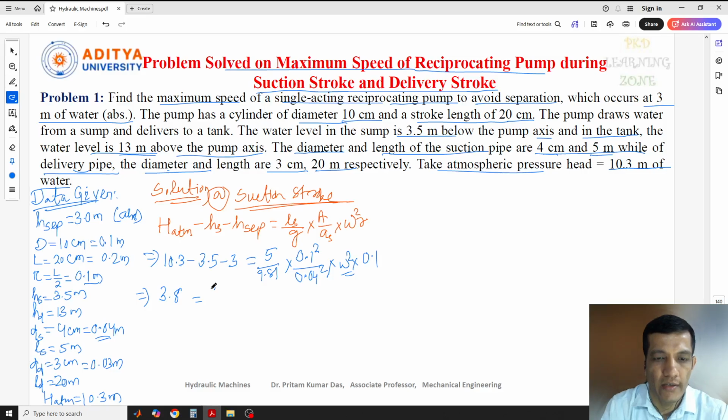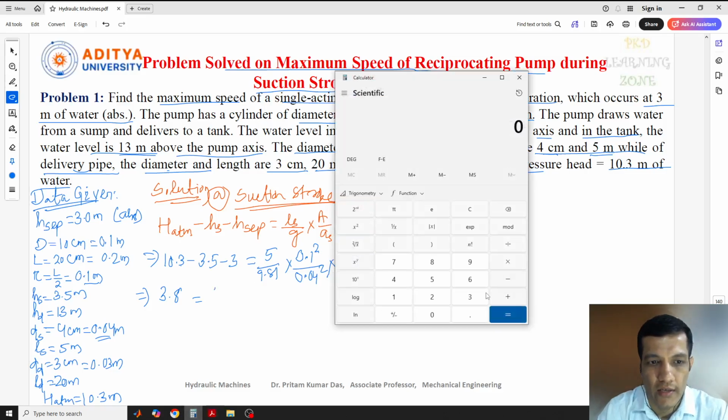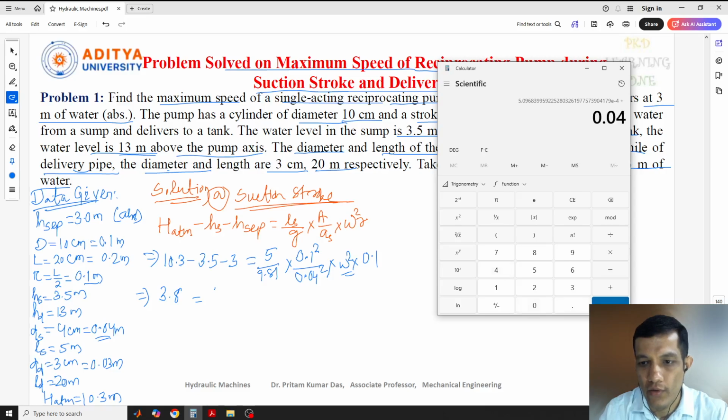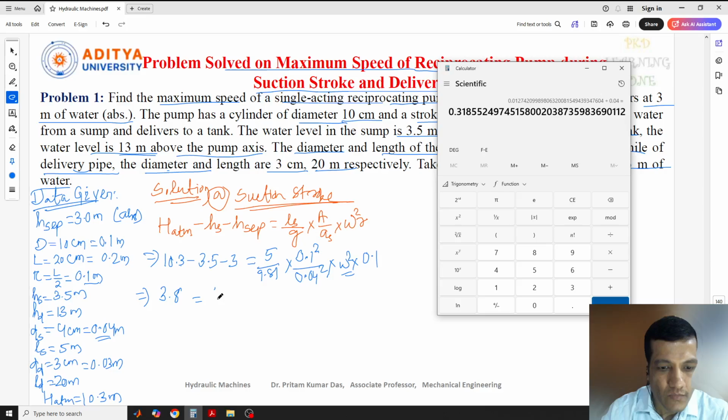Then 5 divided by 9.81 into 0.1 into 0.3 square divided by 0.1 square, so we got the value 0.318.